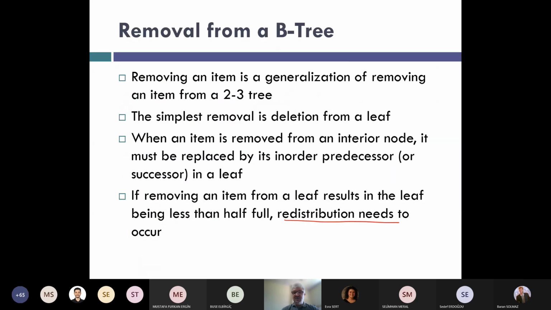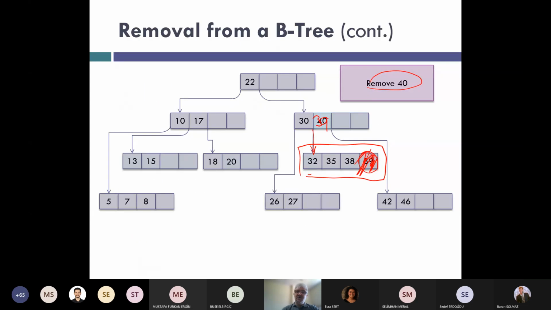Similar to this, when you remove 40, you can replace 40 with the predecessor, or you can replace with the successor, right? When you replace with the successor, 42 can be moved here and deleted from here.